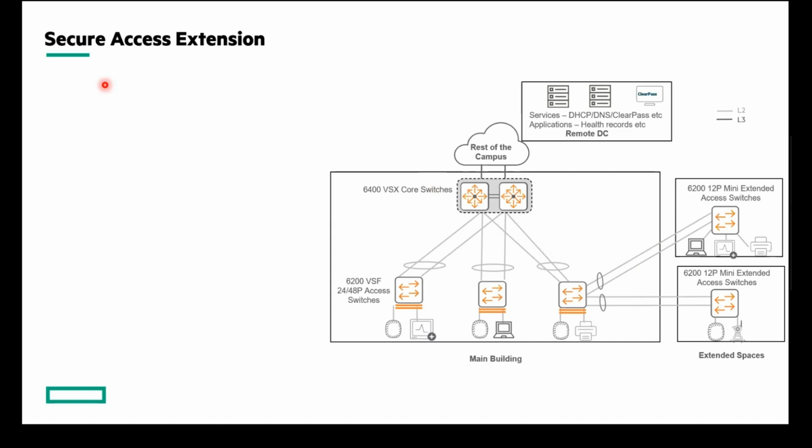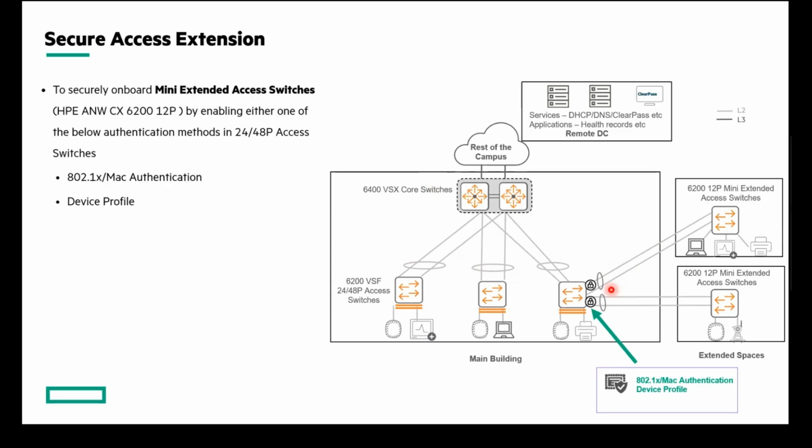So how can we achieve it? We can use our 12-port 6200 switches as extended access switches, and they can securely onboard using security features like 802.1X using EAP-TLS authentication with the inbuilt TPM certificate, or if you want a lower security level, you can go for MAC authentication.